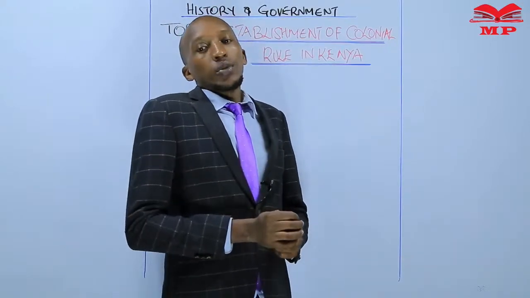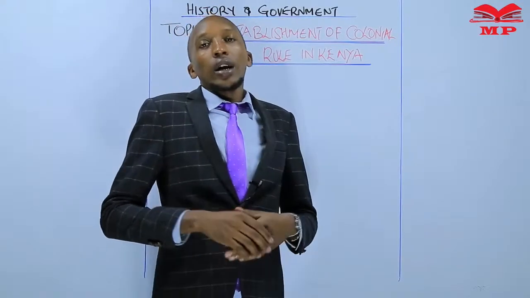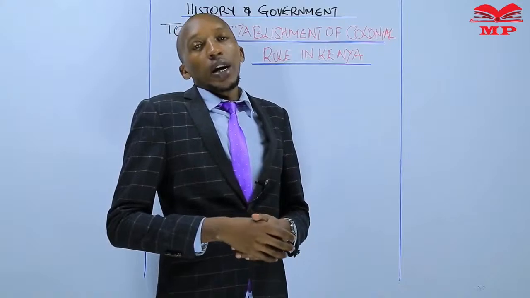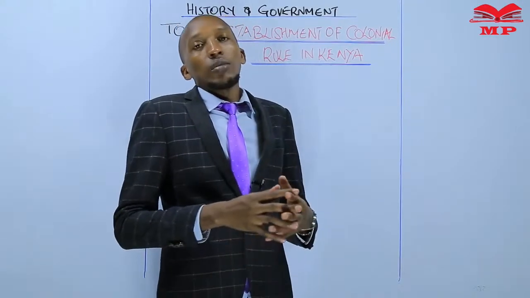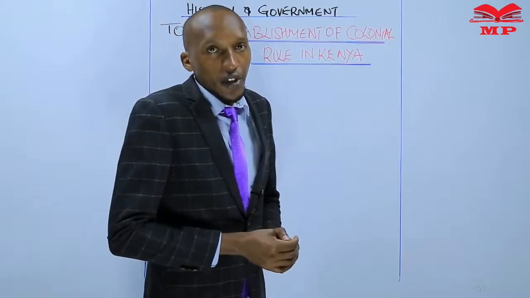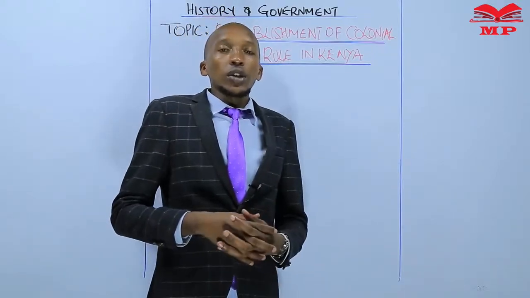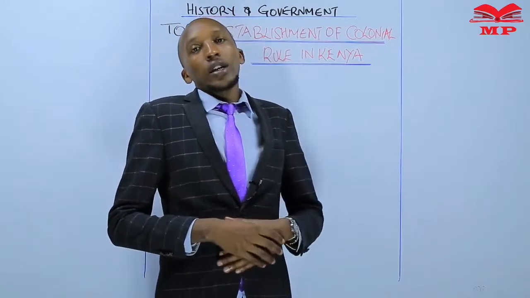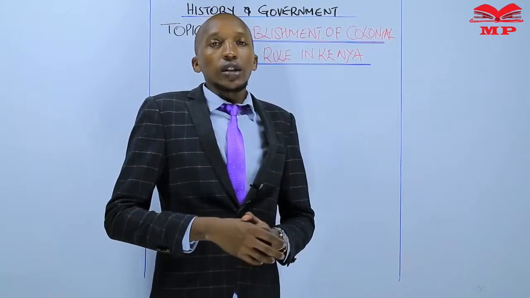And remember, we started by looking back and seeing the process of the partitioning of East Africa, and finally how the British started to occupy the Kenyan territory.